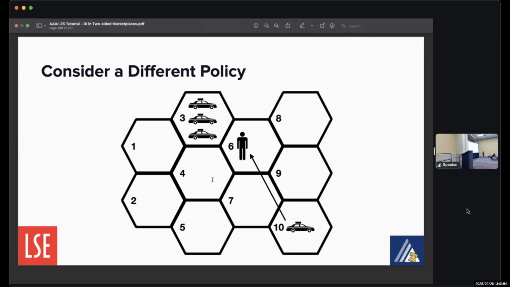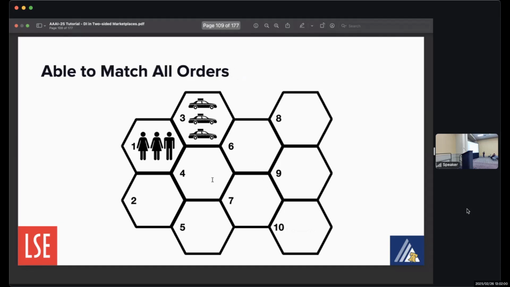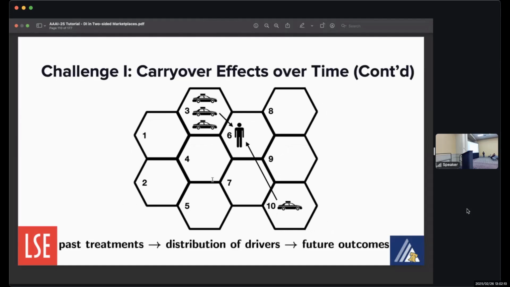The advantage of this policy is that it allows us to save all 3 drivers in zone number 3, so that sometime later in the future, we are able to match all of those 3 call orders in zone number 1. So this is just a very simple example to illustrate why those carryover effects are likely to exist in these ride sharing companies.